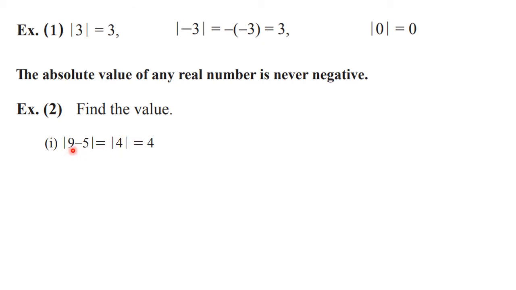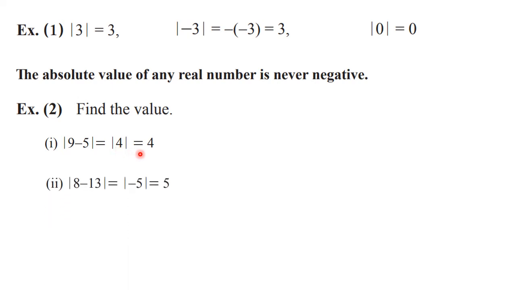So here 9 minus 5, answer is what? 4, which we are going to write again in modulus sign only. But while taking it out, we are going to write plus 4. So modulus of 9 minus 5 is equal to modulus of 4, that is plus 4.